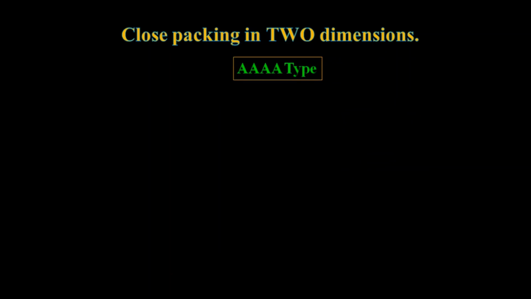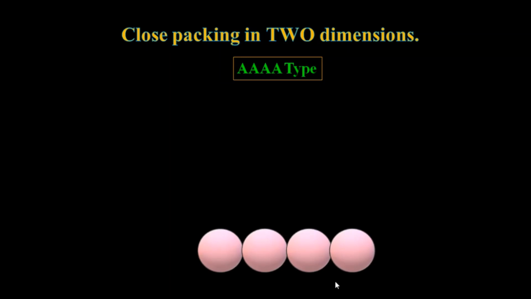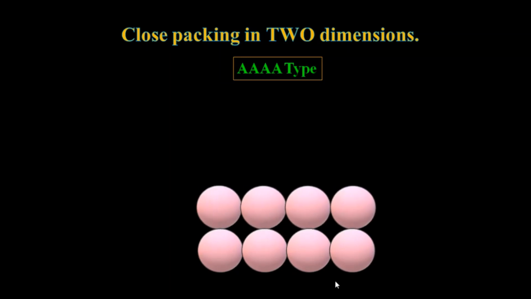A type. The spheres are packed in such a way that the rows have a horizontal as well as vertical alignment. In this arrangement, the spheres of the second row are exactly above those of the first row.